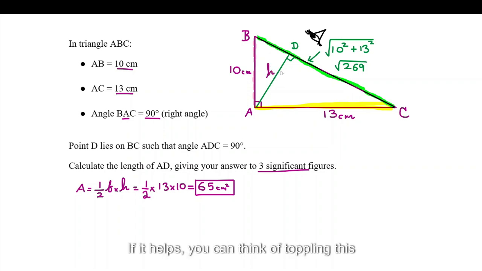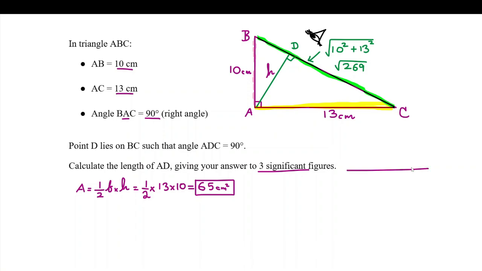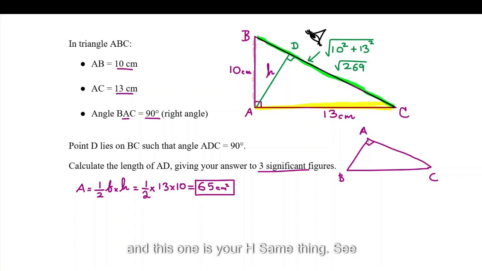Now, if it helps, you can think of toppling this triangle to the other side. So you get like B here, C here, and A there. So A, and that's a 90-degree angle. From A to BC, there's a 90 degree, and this one is your H. Same thing, see?